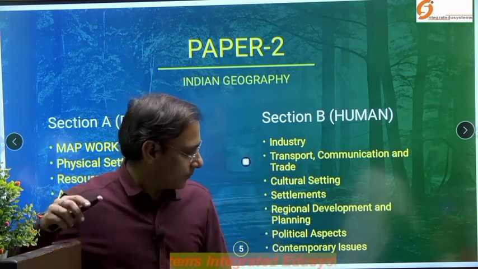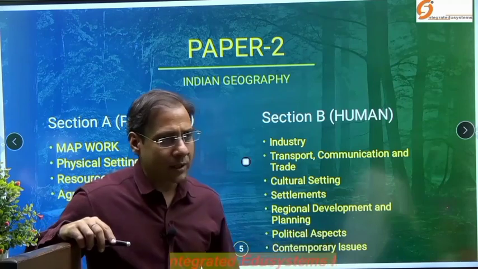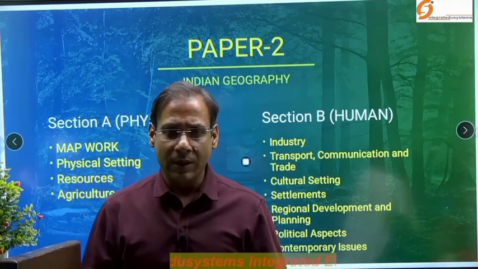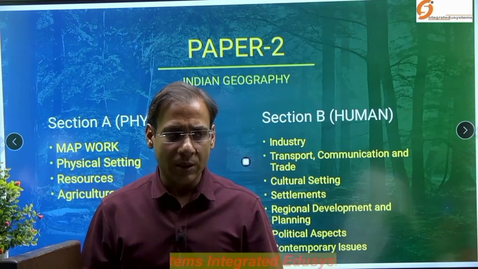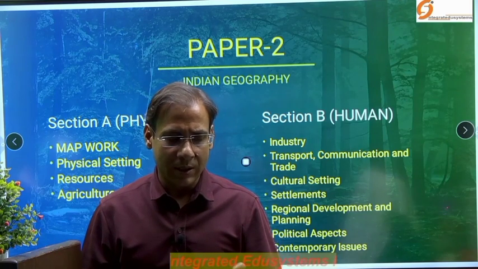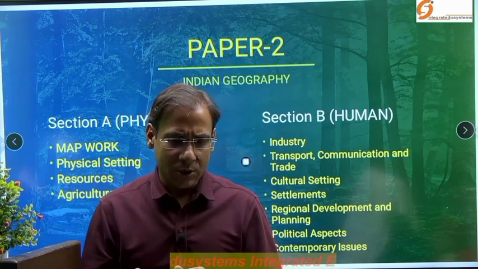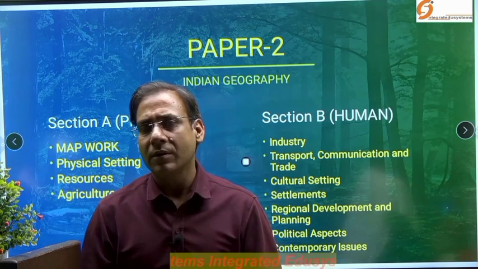Now, the last is the contemporary issues. The issues related to environment or the social issues or economic dimensions related to India, not purely economic, which is associated with geography.